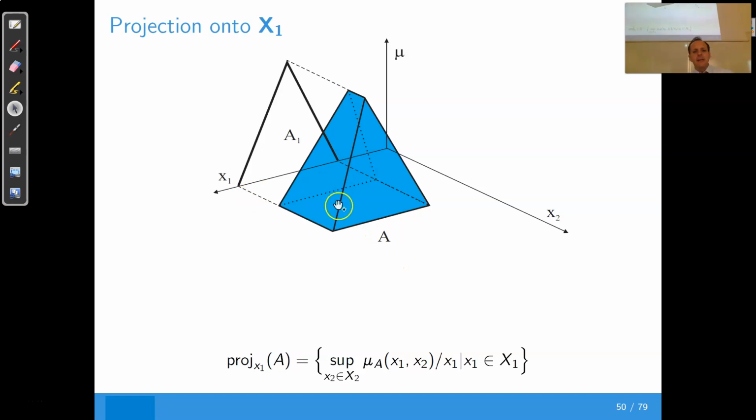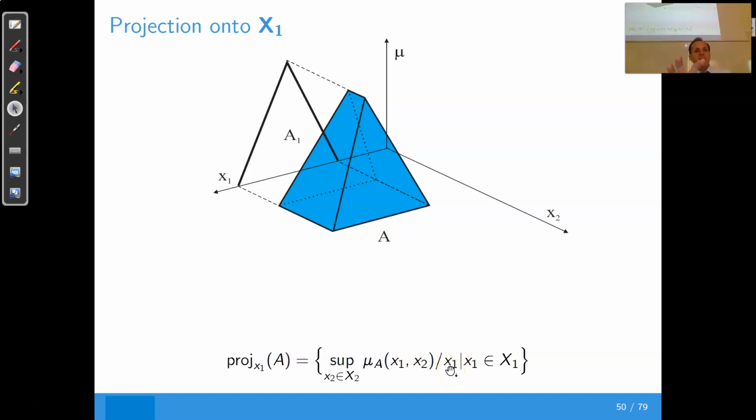You take from this shape the maximum value, the supremum value of all the points of your mu A. So consider the two-dimensional shape limited on x1.